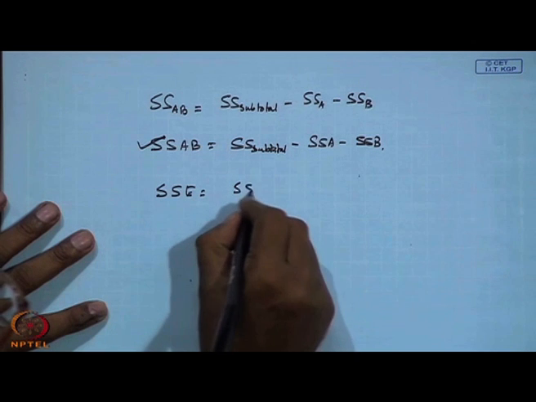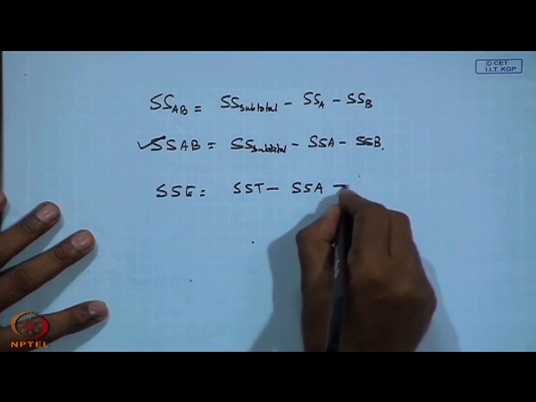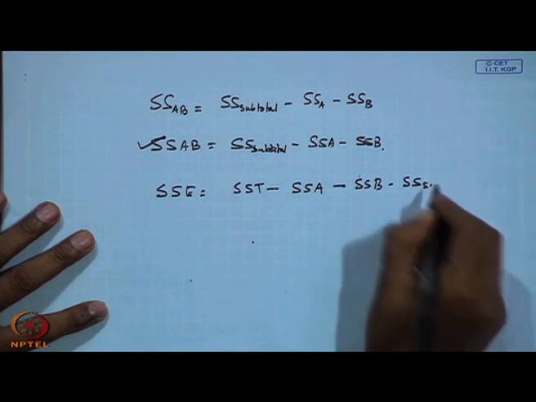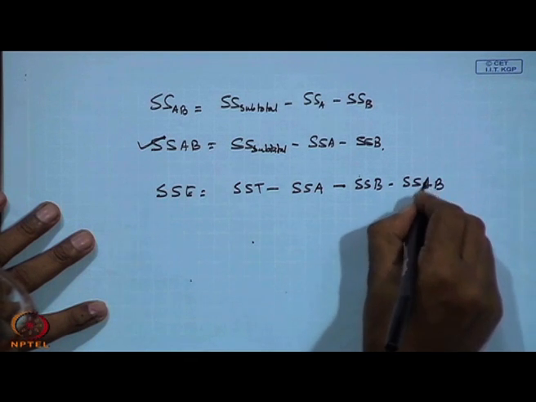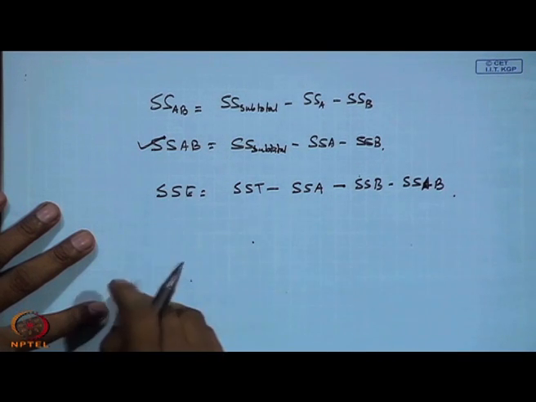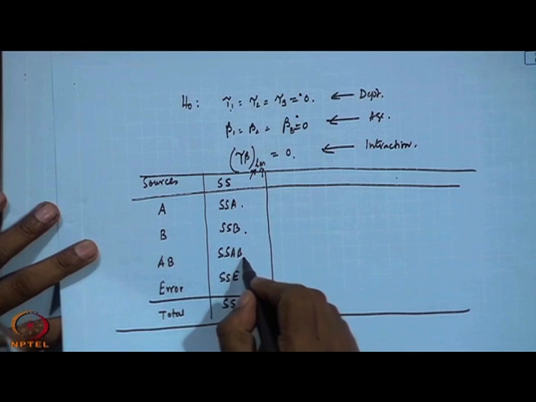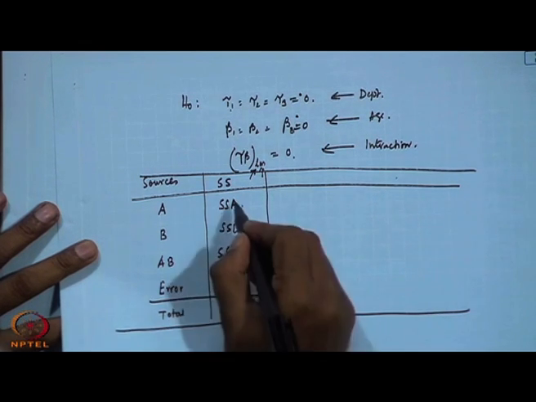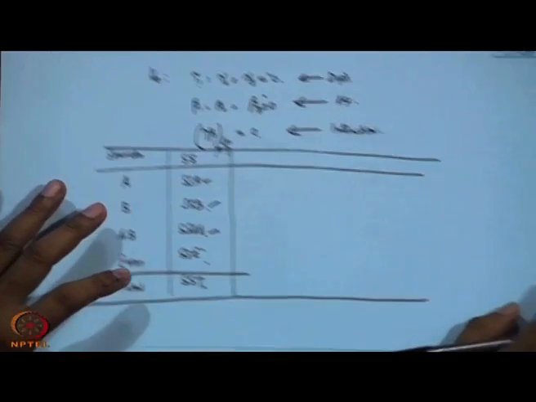SSE will be SST minus SSA minus SSB minus SSAB, because you see the total is SSA, SSB, SSAB, SSE, making SST. So, SSE will be SST minus this, minus this, minus this.